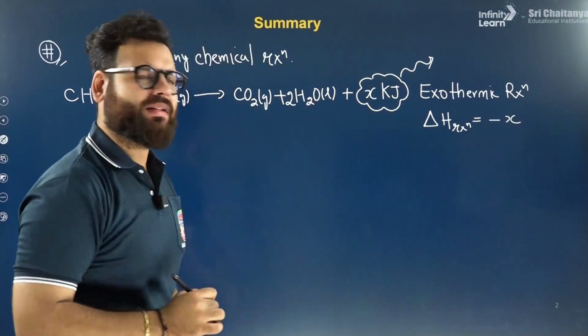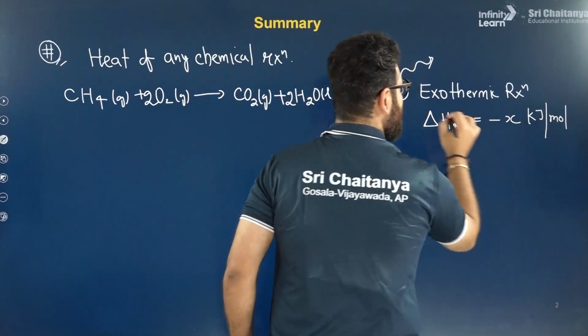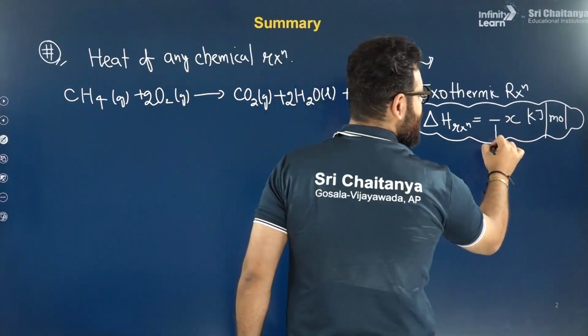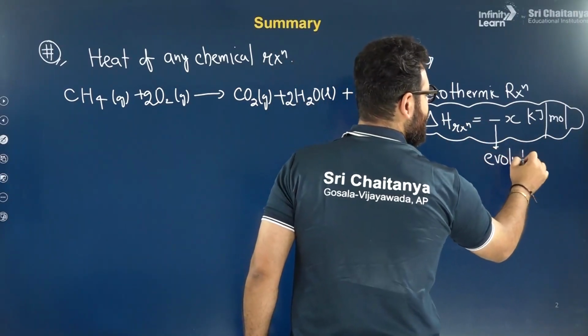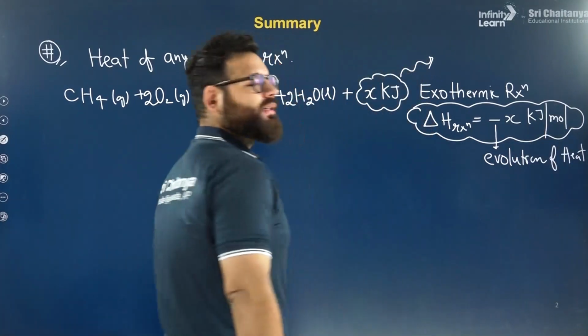So we'll write minus X kilojoule per mole of burning of methane. Please remember, this negative represents evolution of heat.